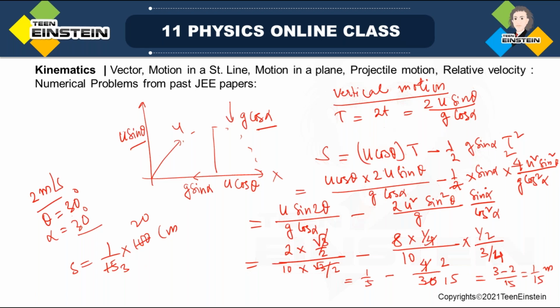Okay, so this is the way we have to actually calculate. If you put all the values correctly, then you should reach something like 27 centimeter, but I might have done some calculation error here.